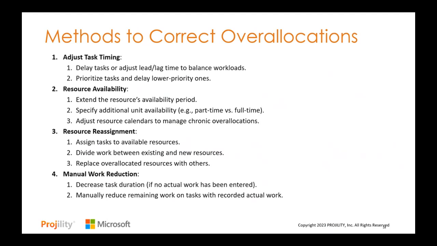If that task, for example, won't take 100% of her attention, we have the ability to lower her dedication to that task to a different percent units just for that task so that it might lighten her workload a little bit. And if you do have resources that are constantly being over allocated, then you might want to consider adjusting their calendar or their max units in order to prevent them from flipping that over allocation flag so quickly.